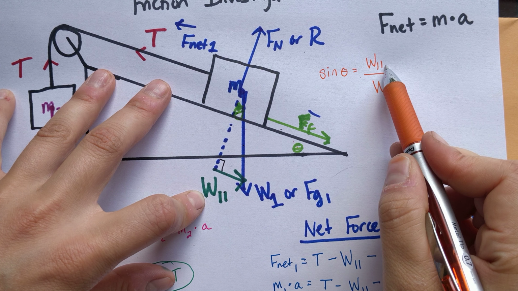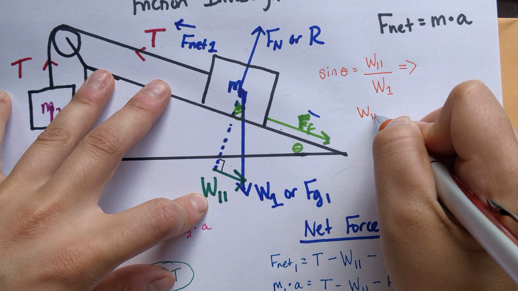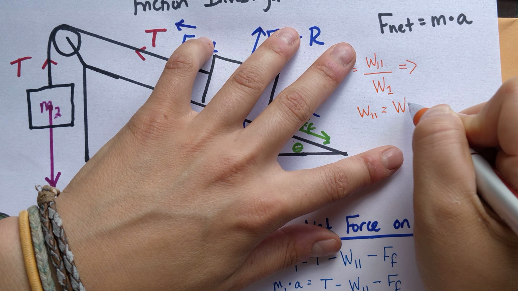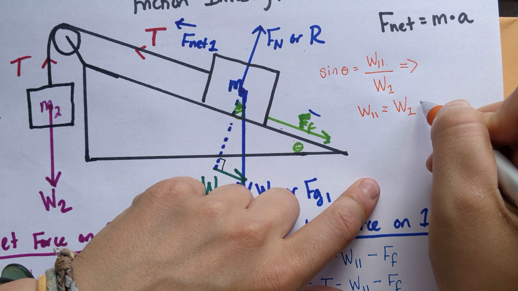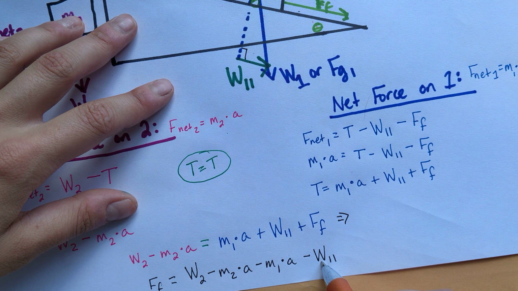So now to get this parallel component of weight, I will write this as parallel component of the weight equals force of gravity acting on object 1 times sine of theta. And I can substitute in for this.